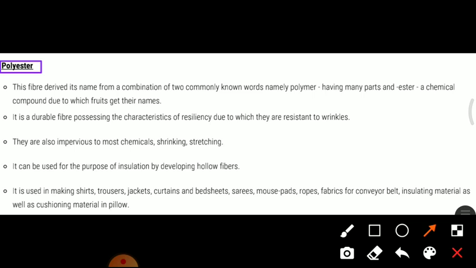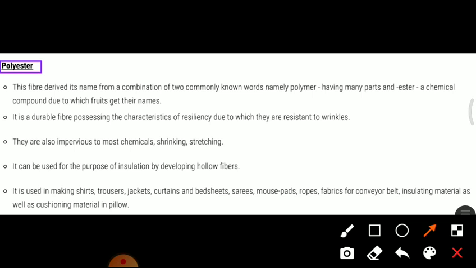You must have seen people wearing polyester shirts and other dresses. Polyester means poly plus ester. It is actually made up of repeating units of a chemical called an ester. Esters are the chemicals which give fruits their smell.